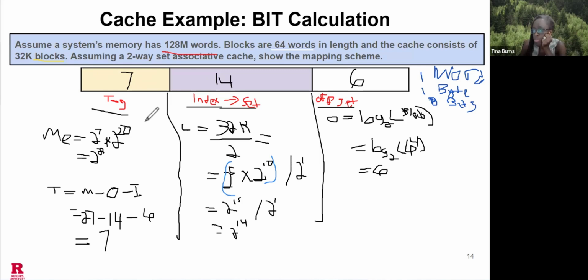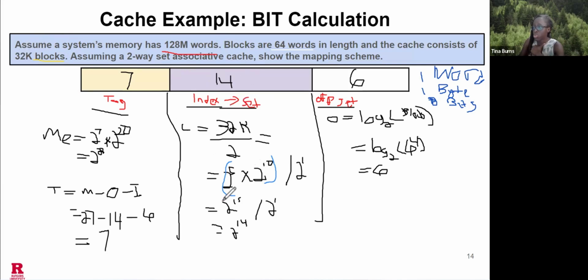So again, if we're looking at this in review, for your offset bits, we use the total number of words in the blocks to calculate that, right? Log 2 of 64. For index, the first thing we had to determine was the number of sets that were available. Given that we were given the number of lines, right, the number of blocks is equivalent to the number of lines. We have 32K lines. We can use that.